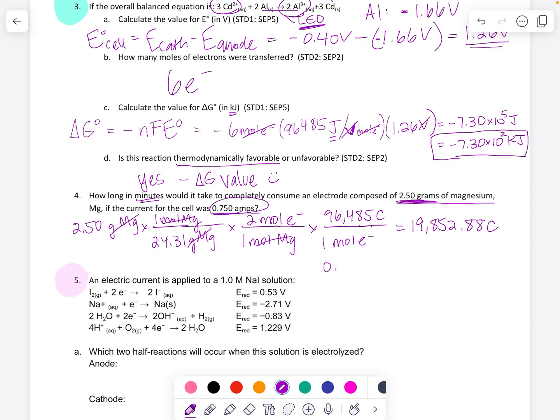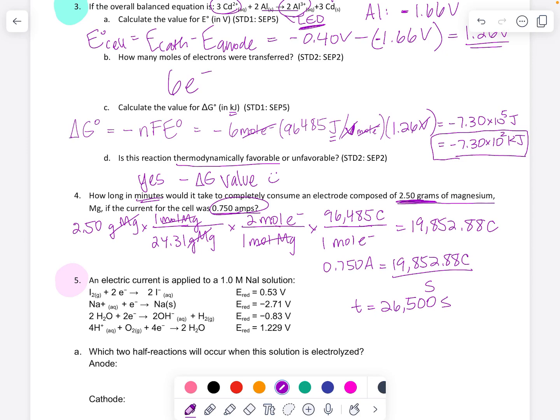Then I'm going to use the amp value that I know. So 0.750 amps is equal to 19,852.88 coulombs per time. And it's really coulombs per second, right? So when I solve this, I get a time of 26,500 seconds.